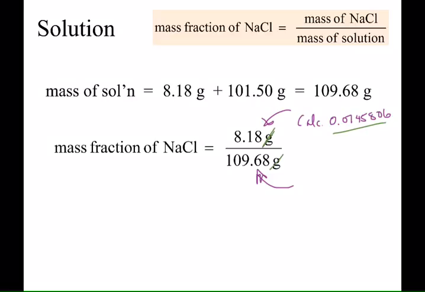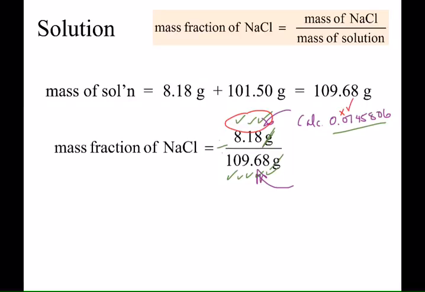I need to round, since I'm dividing here, according to sig figs. I have 3 sig figs here, and I've got a lot there: 1, 2, 3, 4, 5. I have 5 sig figs there, so I need to round according to 3 sig figs. Remember now, this number right here, the number in the tens place, it's important, but it's not significant. It's a placeholder.